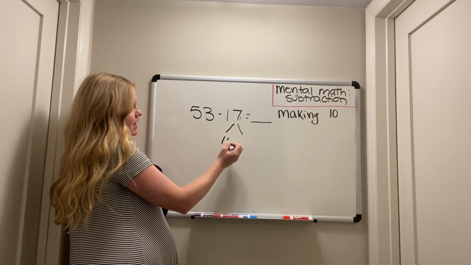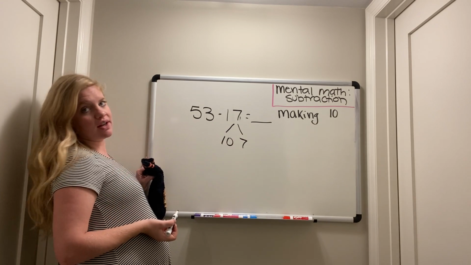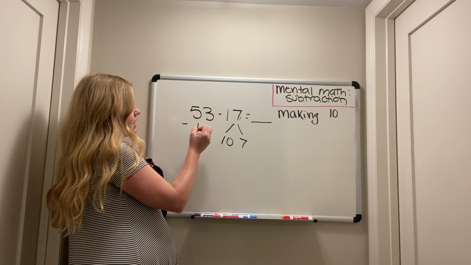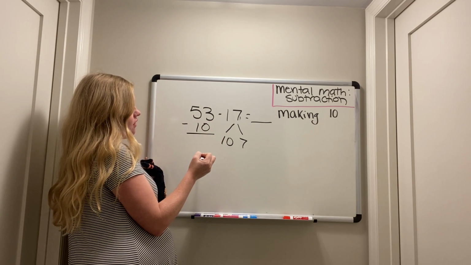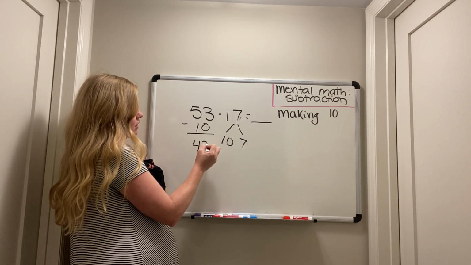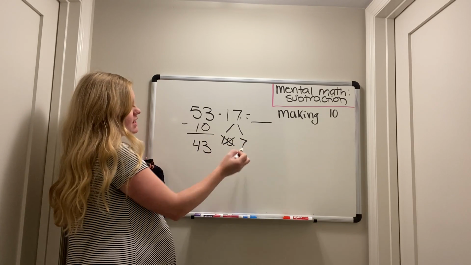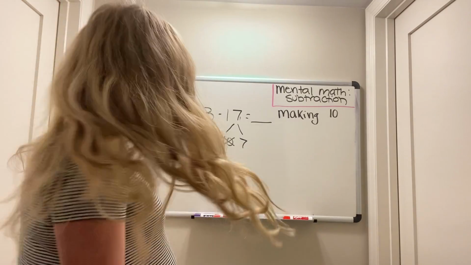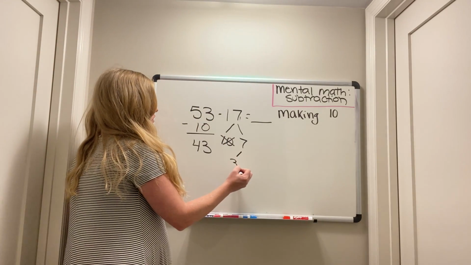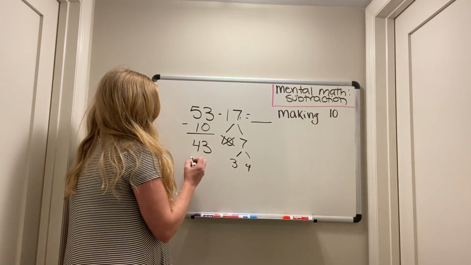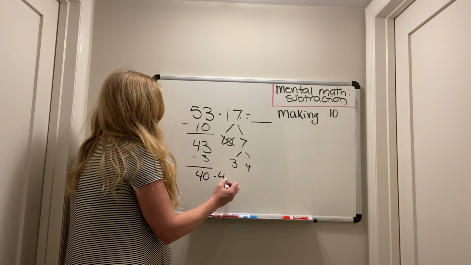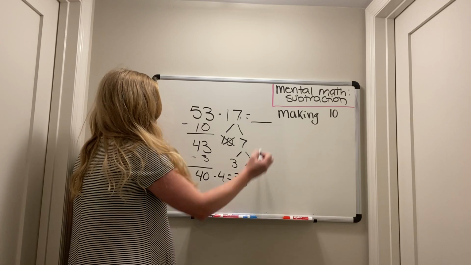So we're gonna turn this into 10 and 7, because I don't like the number 17, so I'm gonna change it. 53 minus 10 is 43. I still don't like this 7, so I'm gonna break that down even more. I'm gonna break this into a 3 and a 4. 43 minus 3 is 40. 40 minus 4 is 36.